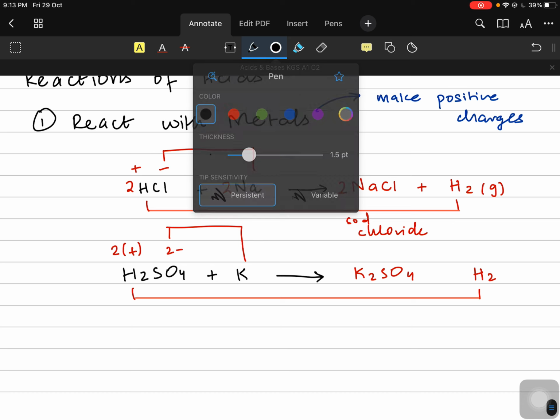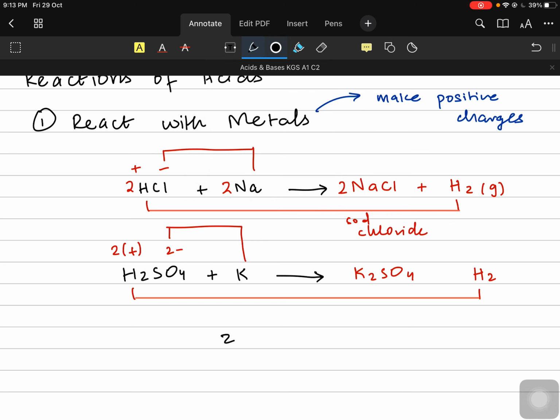Similarly, let's try out one more example. Let's suppose I have zinc with me and I have HNO3. HNO3 means H has a +1 charge and NO3 has a minus charge. Again, zinc is a metal. What we'll get is we'll get zinc reacting with the NO3 to make zinc nitrate.